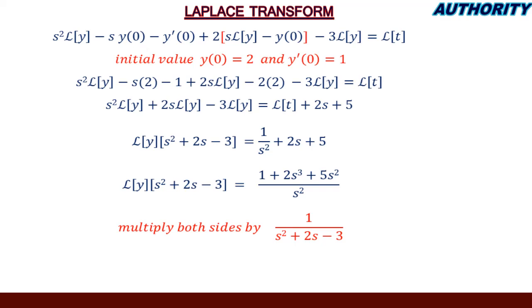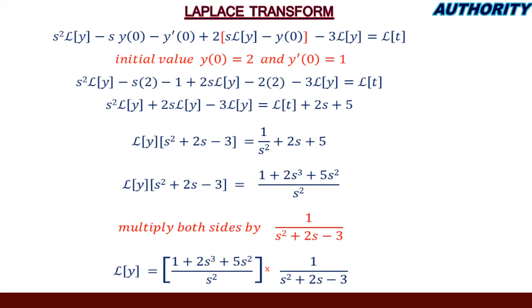So when we do so, the Laplace transform of y is equal to 1 plus 2s cubed plus 5s squared all over s squared, multiplied by 1 all over s squared plus 2s minus 3.